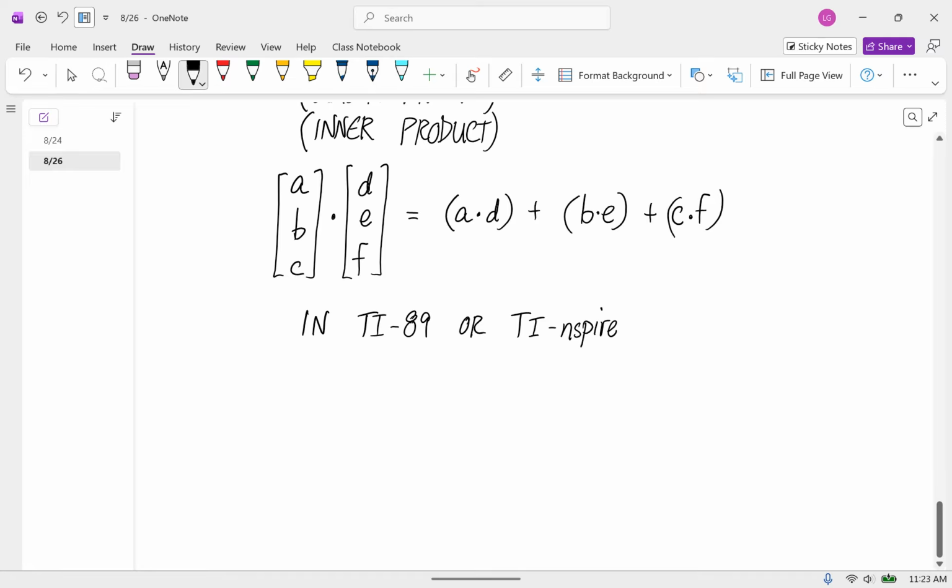And that function is called lowercase dot capital P. And you would just put the first vector in this side, the second vector in this side, and it would give you the dot product. Okay.